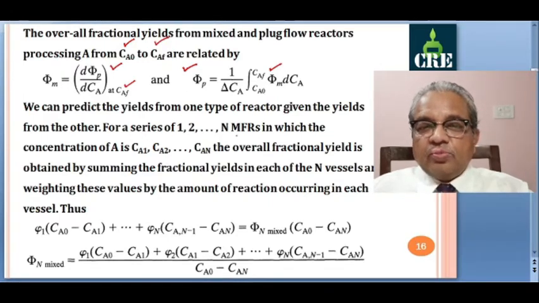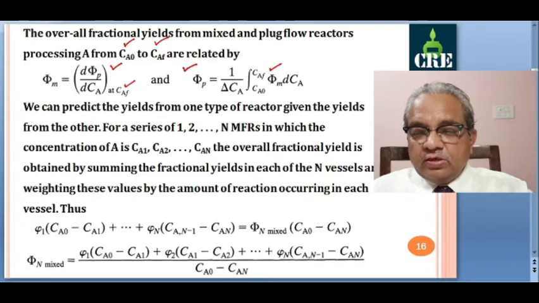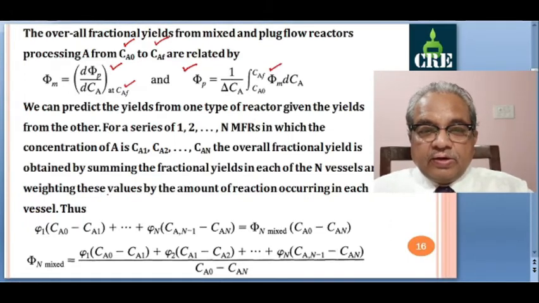Now if you have a series of mixed flow reactors 1, 2, 3, 4 up to n, in which the concentration of A is Ca1, Ca2 up to Can, the overall yield is obtained by summing the fractional yields in each of the n vessels, weighting these values by the amount of reaction occurring in each vessel.